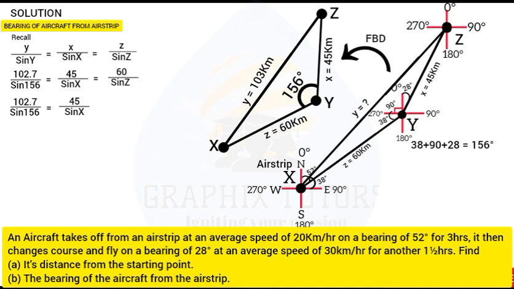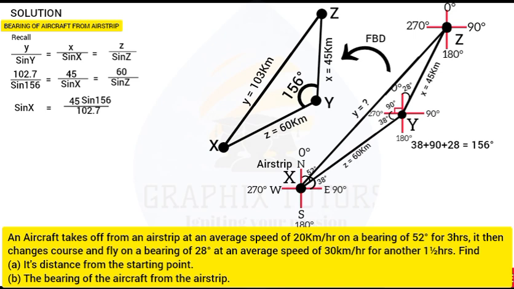Is that taken? Now I am going to cross multiply. Sine X comes up, while 102.7 goes down, and similarly sine 156 goes up to multiply 45. So we'll have sine X equals 45 sine 156 all over 102.7.